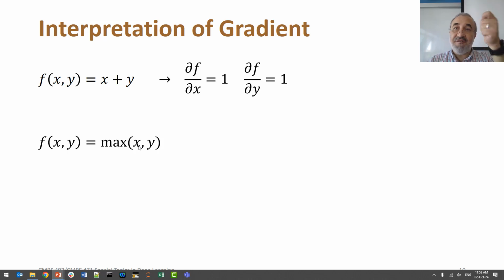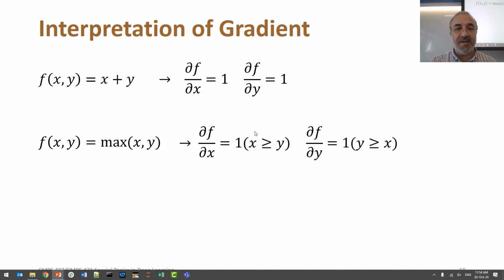Y. So df by dx in that case is 0, because it doesn't depend on x. In that specific case, if x is less than y, changing x a little bit will not make any change on f, because we are talking about very small changes, it will still be less than y. So it will not make any change on f, which means the derivative is 0.